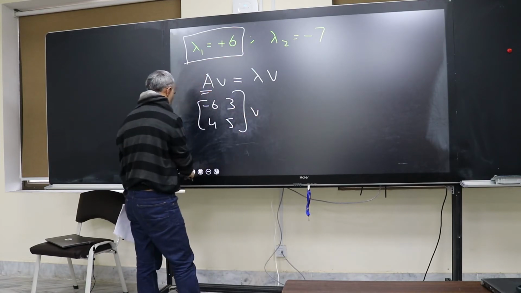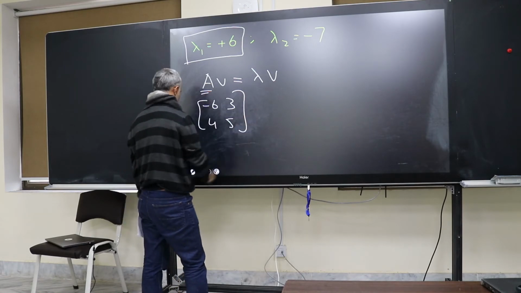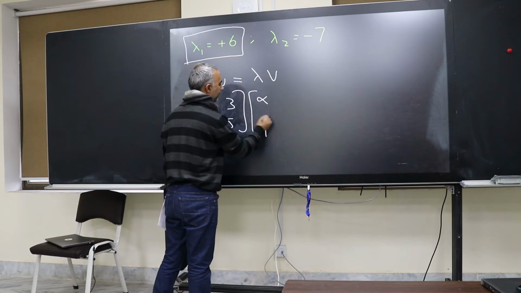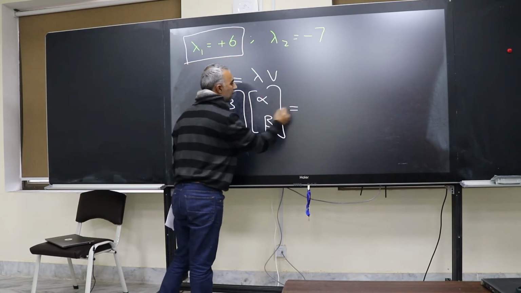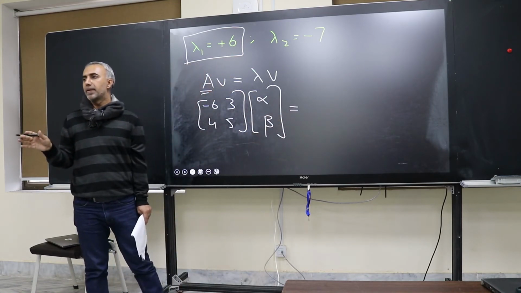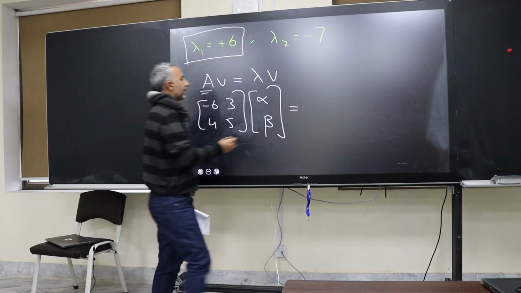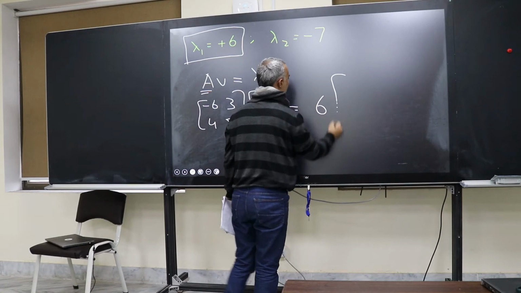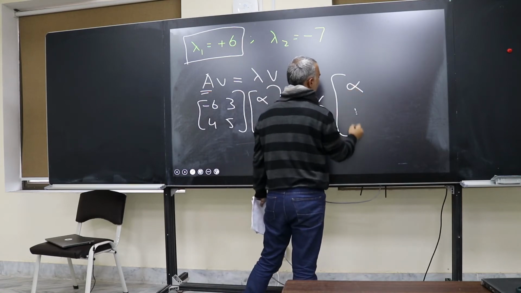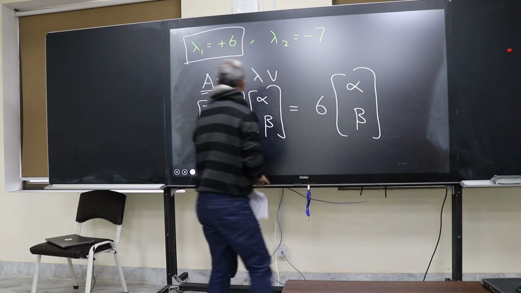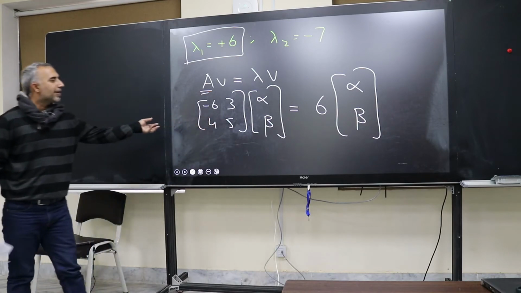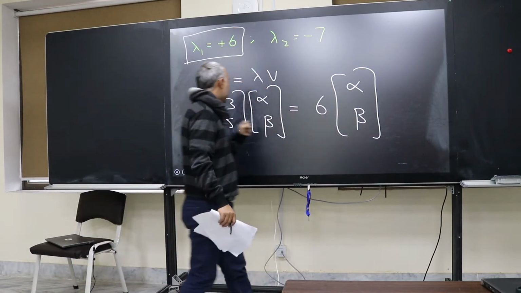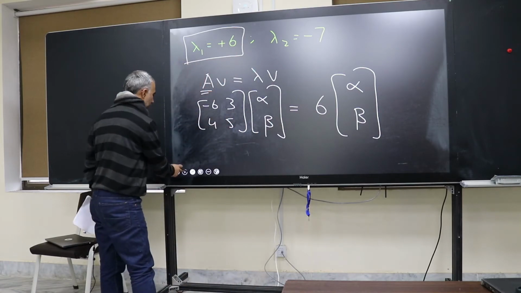Suppose this is some eigenvector, alpha beta, unknown to us, two elements of the vector, and lambda is 6. So multiplying 6 alpha, 6 beta, we will get two equations.